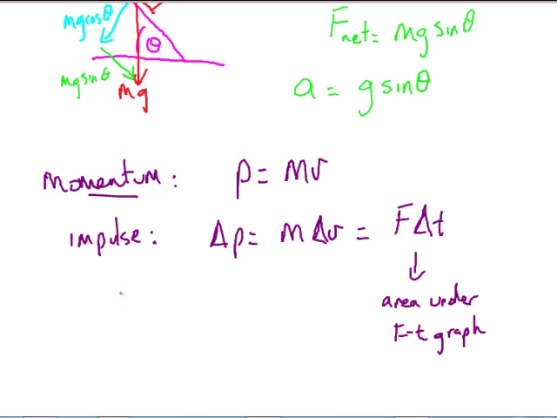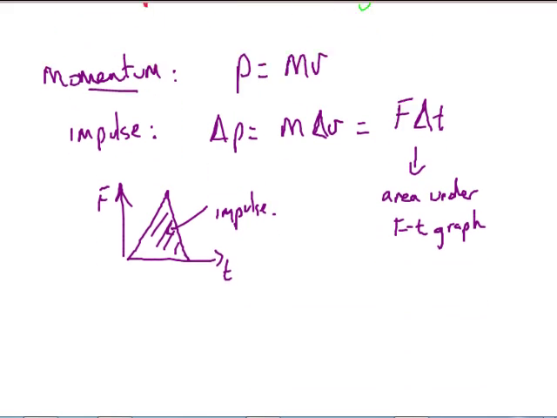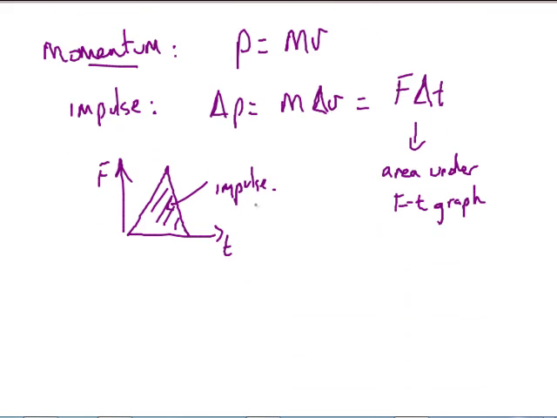Okay, so commonly you'd get something like force applied, say a golf ball's been hit, it's not constant force, the area under the graph will be your impulse. After that, we then looked at collisions.